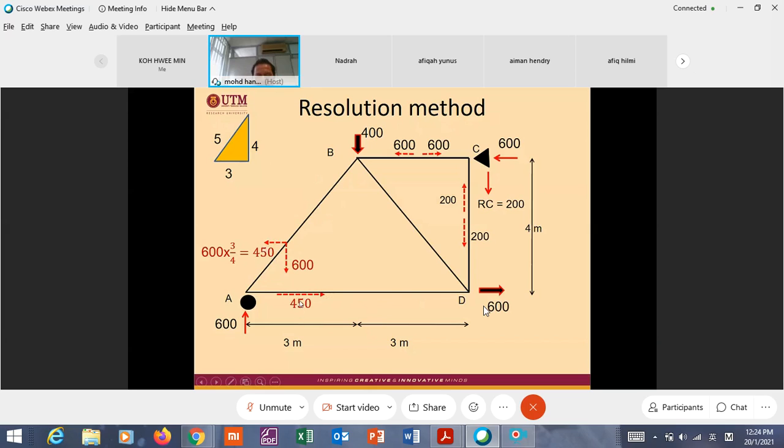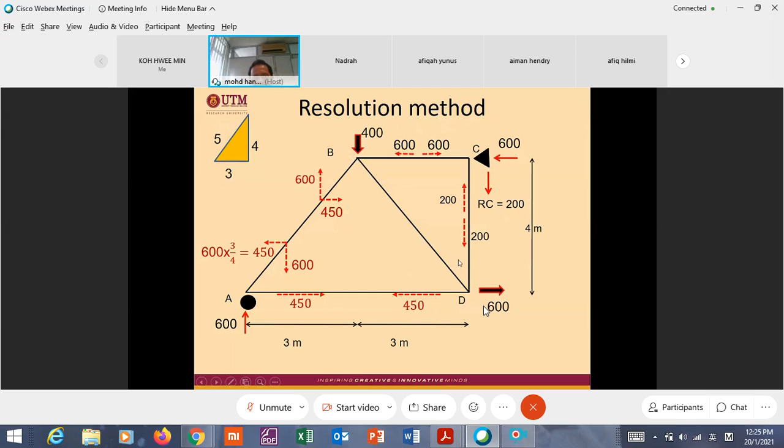So you have BD. Okay, now what next? When you have 450 here, the rectangular components of this member should make these two forces be in equilibrium.